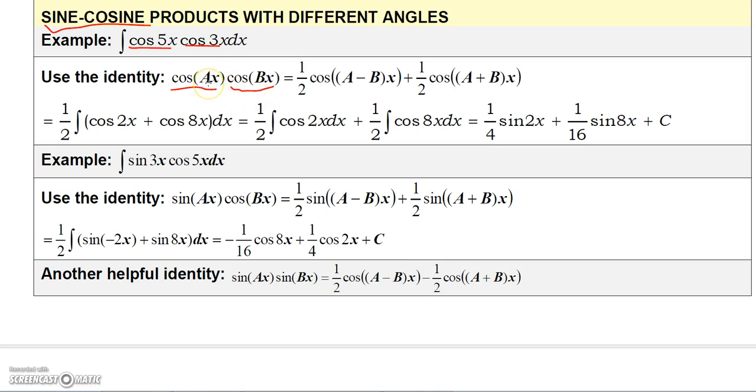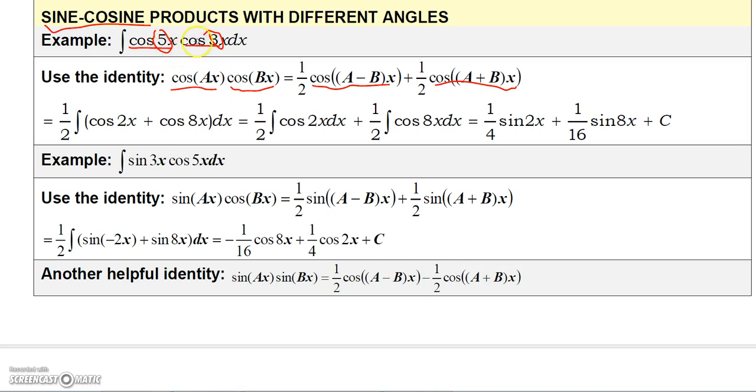If you have cosine of ax times cosine of bx, you can rewrite that as 1/2 the cosine of (a minus b)x plus 1/2 the cosine of (a plus b) times x. So for this particular function, I could rewrite it as 1/2 of the cosine of (a minus b)x, where a would be 5 and b would be 3.